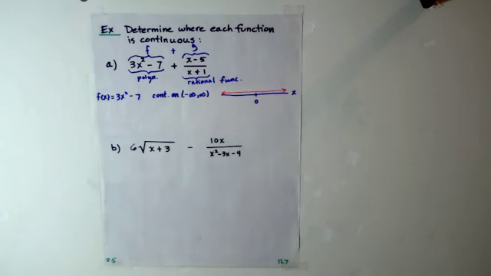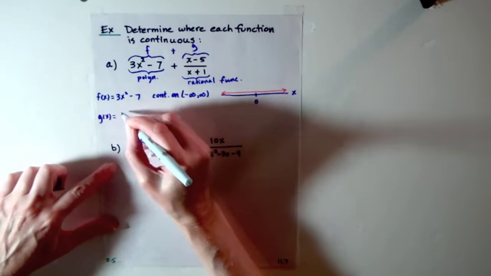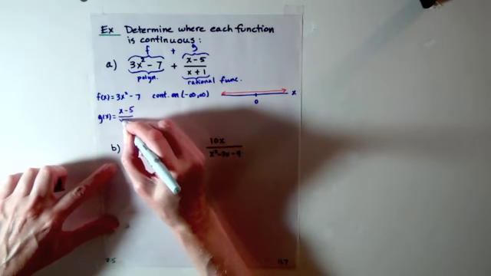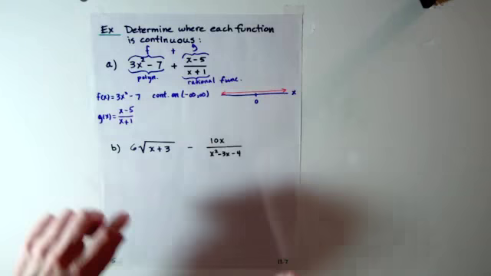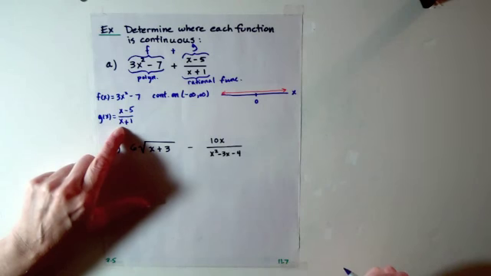If I look at the function g, we said it's a rational function. And remember, rational functions are also continuous everywhere that they are defined, in other words, everywhere in their domains. And the only place a rational function is not continuous is at a place where the denominator is equal to 0.